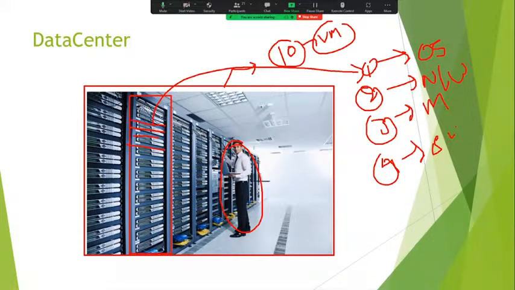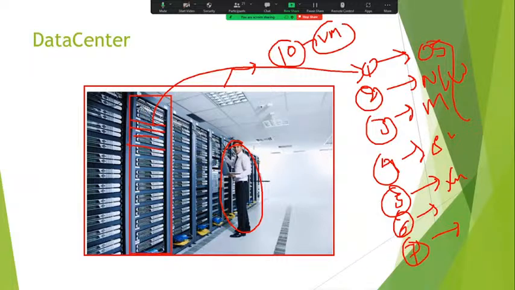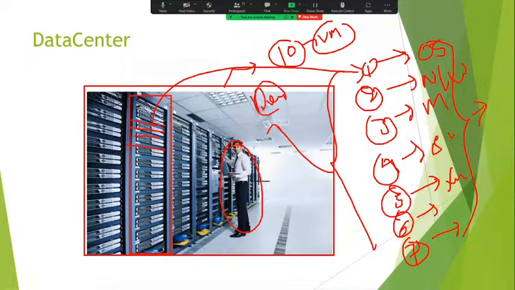Sixth step, we will enable network security rules, virtual network rules, etc. Finally, we will verify whether all these servers are built based on the checklist. Once the servers are built, they are handed over to the development team or project team, whatever we call it.